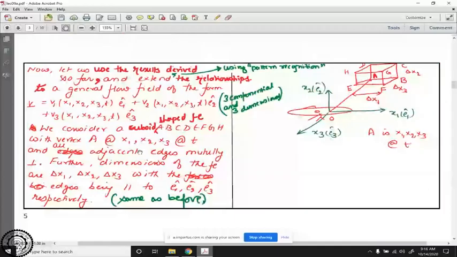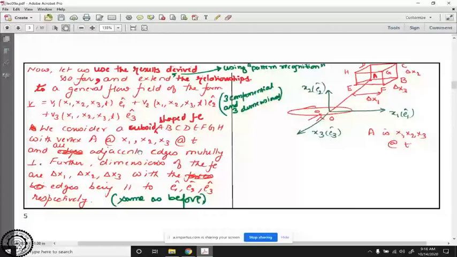Now what we want is expressions for the same questions, but relieving ourselves of those two constraints, that the velocity field is two componential and two-dimensional.